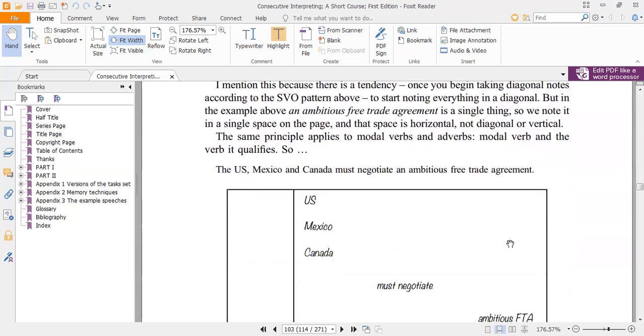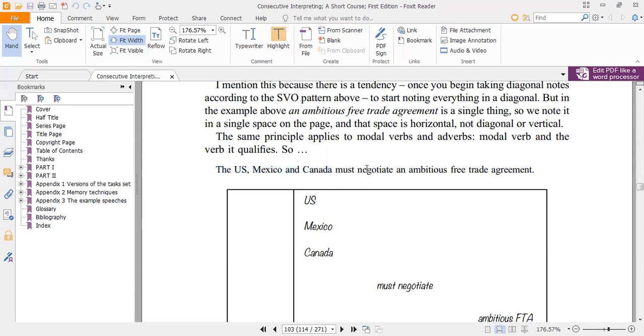If we have a modal verb, where can we note it? The modal verb is usually noted beside the verb. For example, the US, Mexico, and Canada must negotiate an ambitious free trade agreement. The subjects are written on the left of the page below each other.